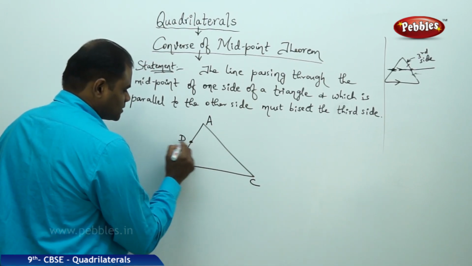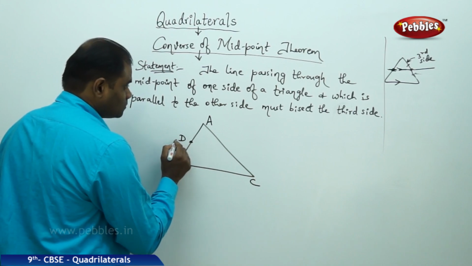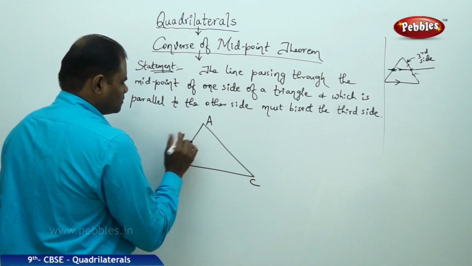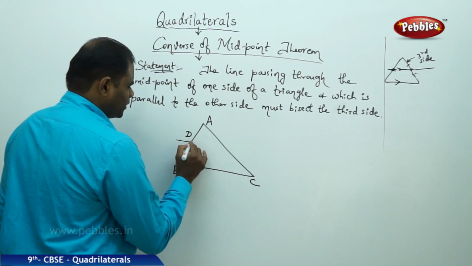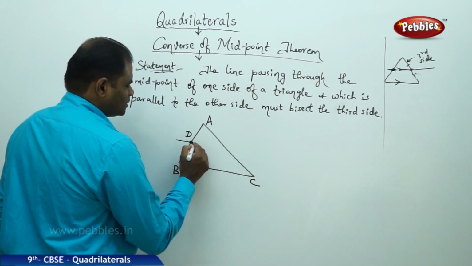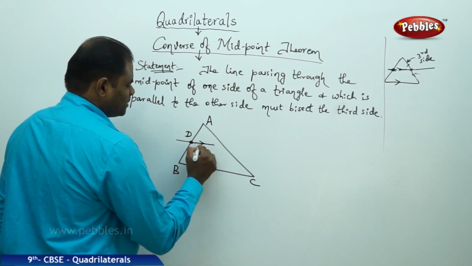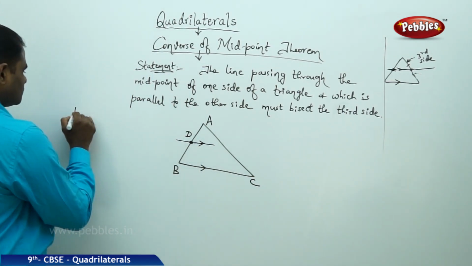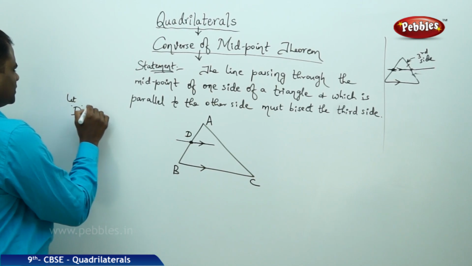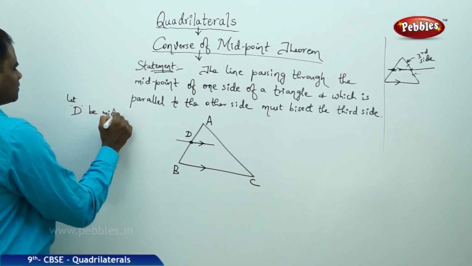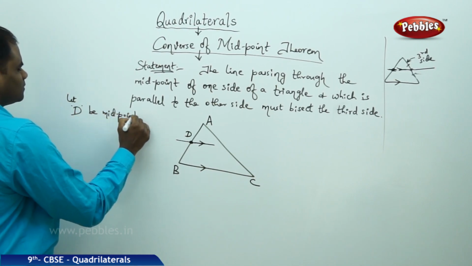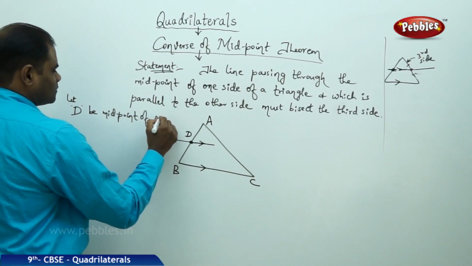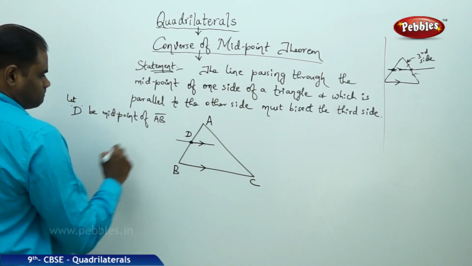Then a line which passes through this midpoint and which is parallel to the third side. So here, let D be the midpoint of AB.